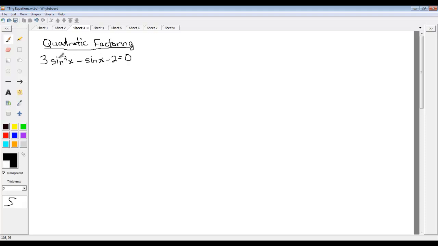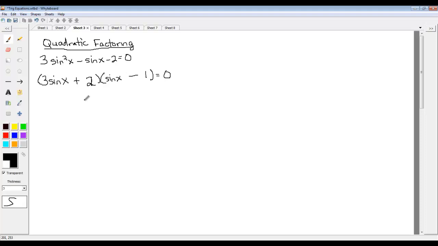Well, this is quadratic. You got sine squared x, sine x, some constant. So being quadratic, this one is factorable. Treat the sine x as if it's your variable. 1 times 2, put a 1 here, no, put 2 here, put 1 there. Minus and minus, so let's make this minus and that plus.